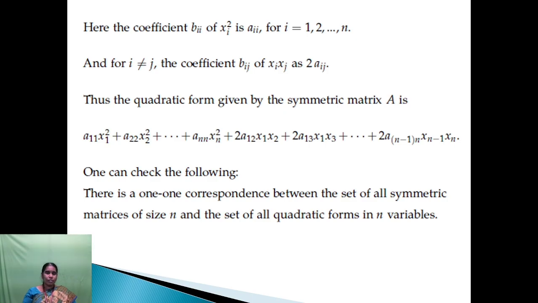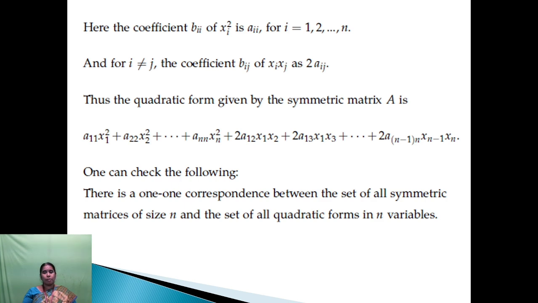Here the coefficient Bii of xi square is nothing but Aii for i equal to 1 to n. And for i not equal to j, the coefficient Bij of xi xj is 2 times Aij.